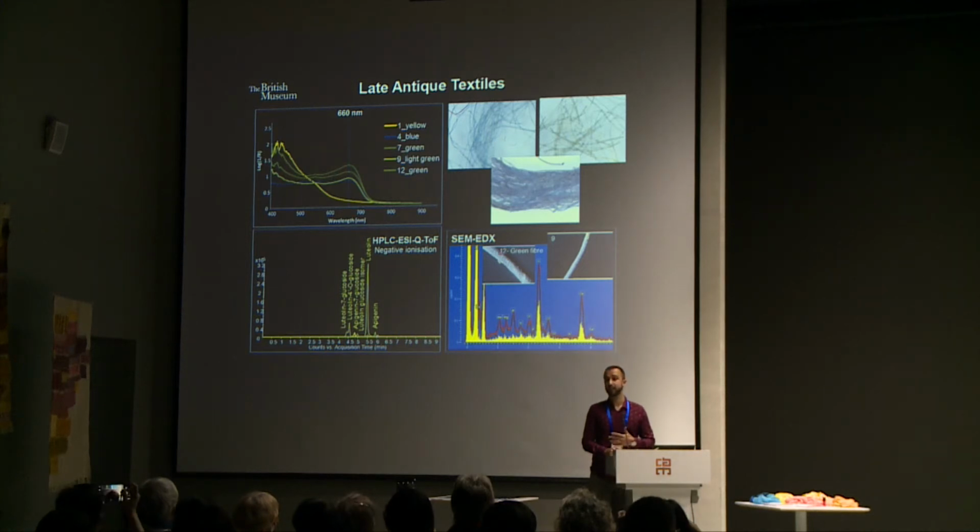And finally, the semi-DX showed that the blue fibers, in this case, we were mostly in front of mixed fibers in the same thread. So the blue fibers were not mordanted, whereas the yellow fibers were mordanted with alum.